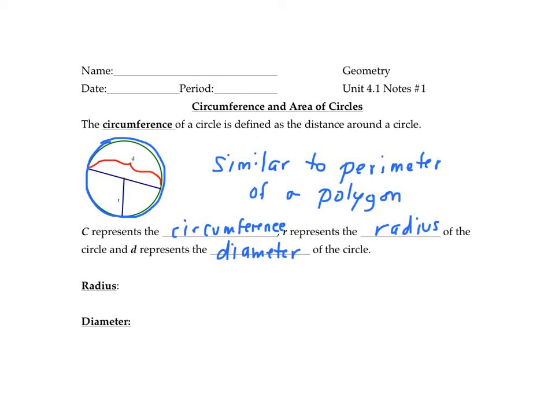The radius is defined as the distance from the center of a circle to a point on the circle. And the diameter is the distance all the way across the circle, and that's a chord, and it also goes through the center.